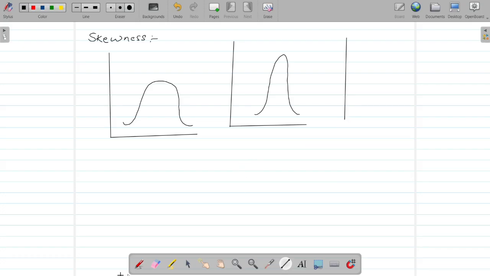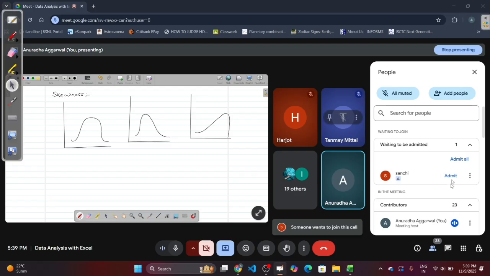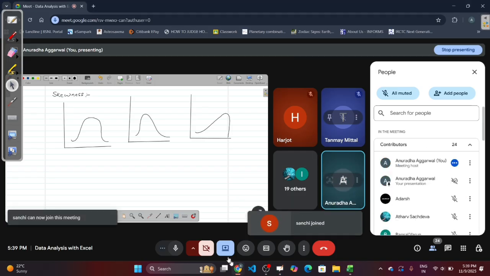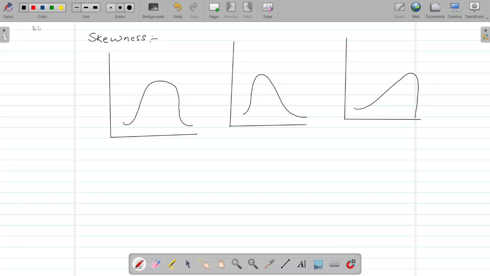It can be tilted to one side, on the right side, or it can be more tilted toward the left side, right? So when you have this kind of curve, this is basically a bell-shaped curve.